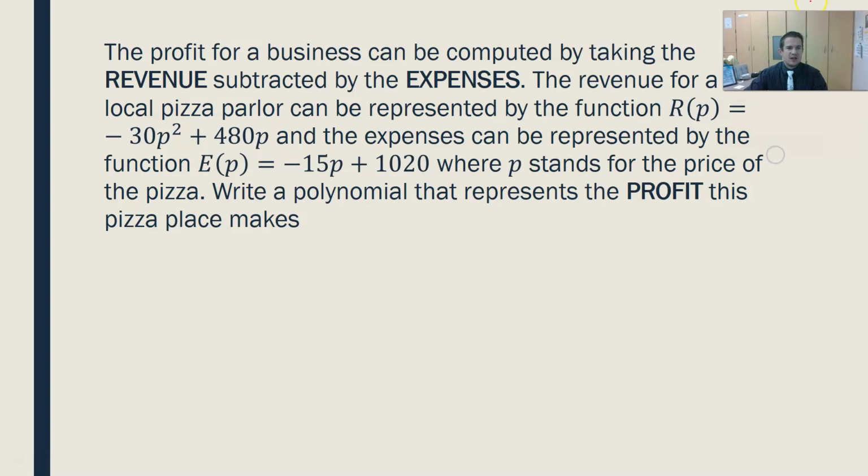Okay, let's take a look at an example of a real-world problem you might see where we would have to subtract polynomials. So this problem says the profit for a business can be computed by taking the revenue subtracted by the expenses. So revenue is how much money the company brings in. Expenses is how much money the company spends. The revenue for a local pizza parlor can be represented by this function. R of p equals negative 30p squared plus 480p.